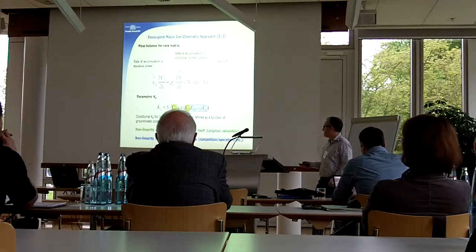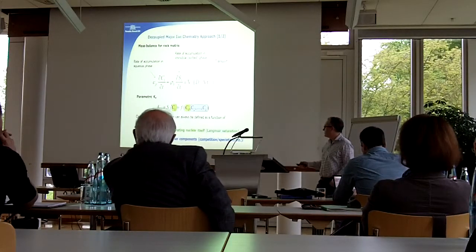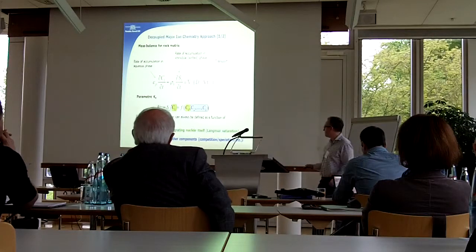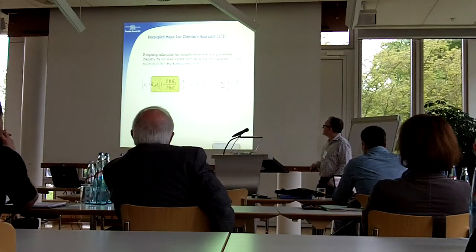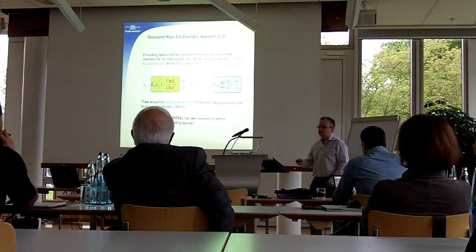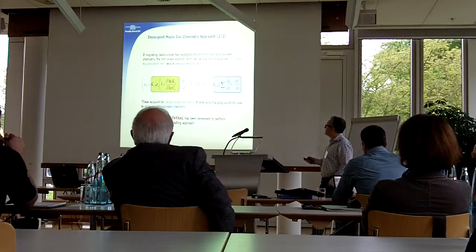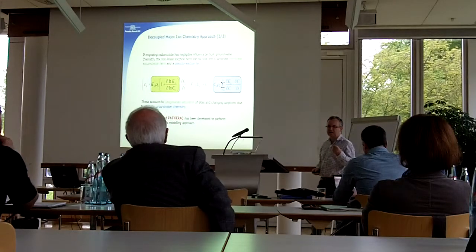And you can have non-linearity relating to the migrating nuclide itself, which causes saturation of sites. And then you can have non-linearity related to other groundwater components, which involves competition, speciation effects, changes in pH, what have you. So, if you do have a migrating radionuclide that doesn't affect the bulk groundwater chemistry, you can simplify the mass balances quite considerably, and you can split the nonlinear sorption term into a nonlinear accumulation term, which is the intrinsic saturation of sites in the Langmuir context.